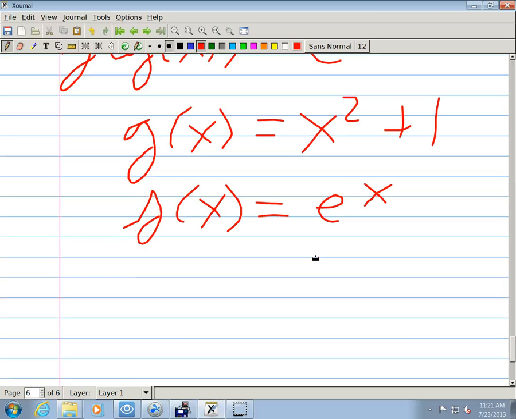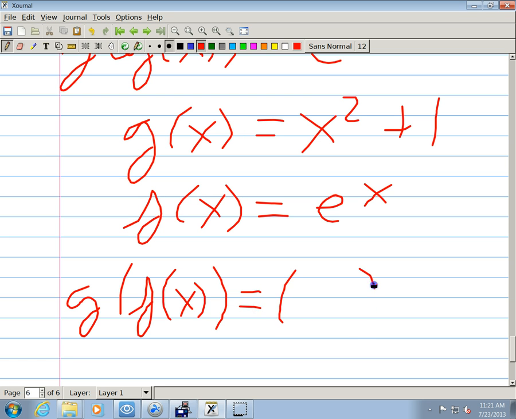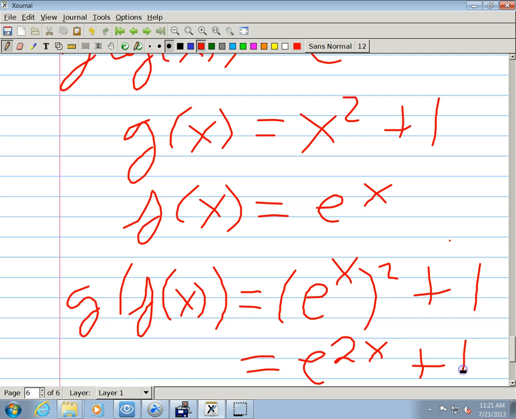Okay, let's do that. So in other words, g of f is take f, which is e to the x, plug it into g, so it's stuff squared plus 1, but the stuff is e to the x. Now you can leave it like that, but that is in fact e to the 2x plus 1, like you said. That's good.